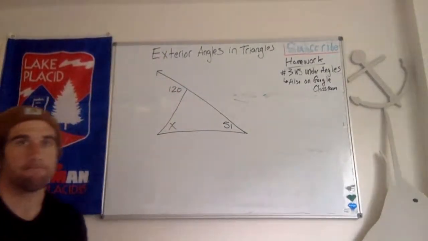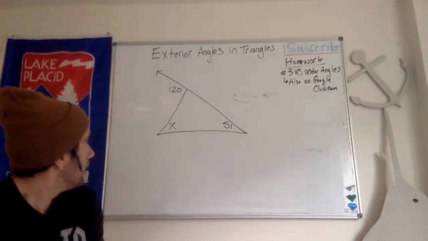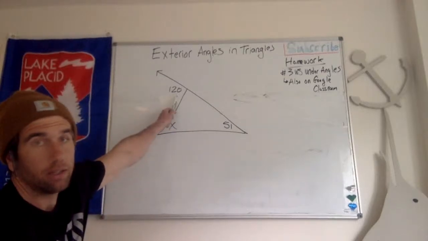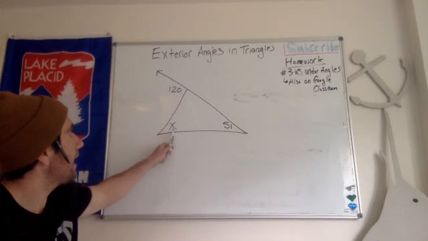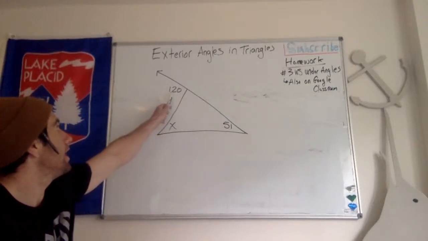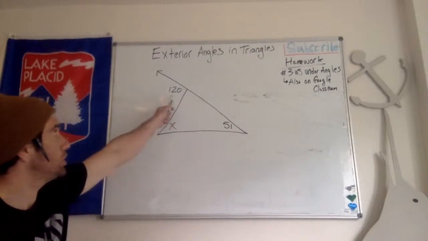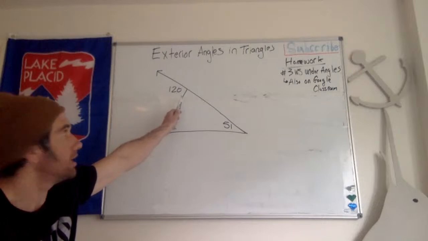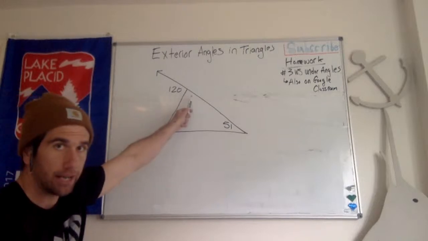You ready? We got exterior angle is 120. X and 51 are remote angles because they're not next to my exterior angle of 120. What's the only angle that's next to 120? It's this angle here, guys, okay?